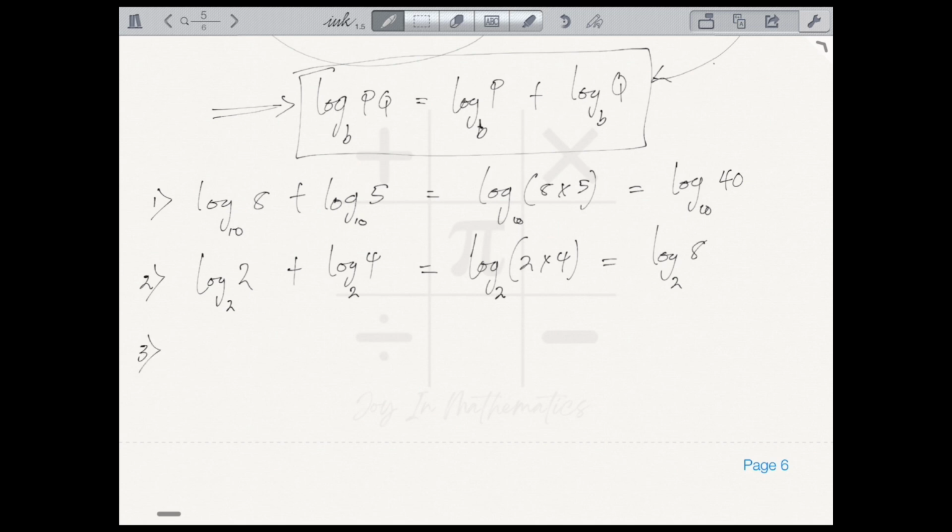We have been going backwards, and now let's try to go forward in this direction. Let's assume we have log 16 to base 2. If you apply the logarithm addition law, log pq to base b is equal to log p to base b plus log q to base b.